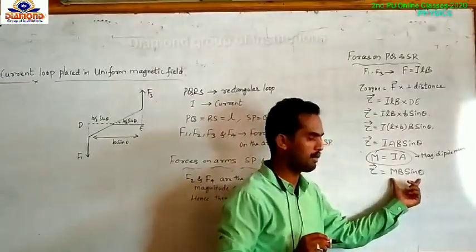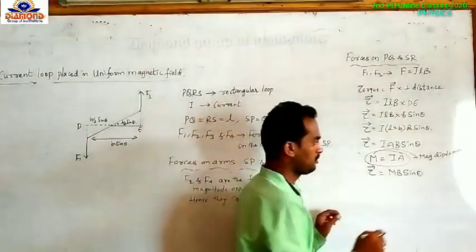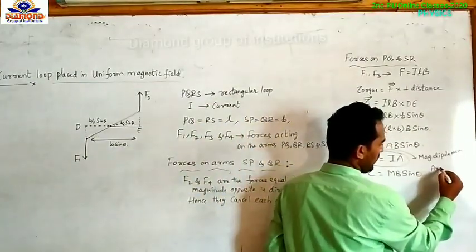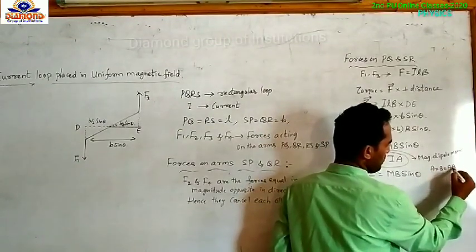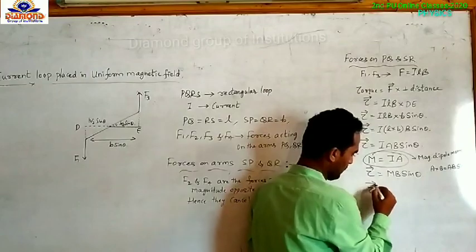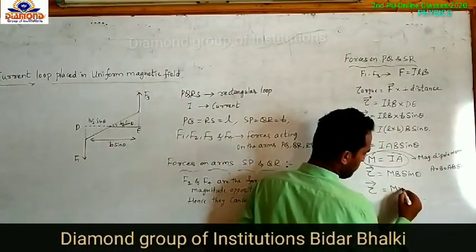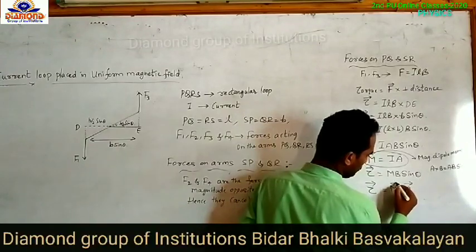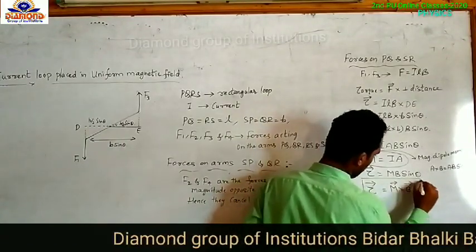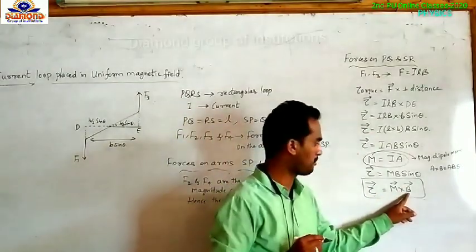So it is in the form of a vector product or cross product, that is A cross B equal to AB sin theta. So we can write this in the vector form as tau, torque, equal to M cross B. So M, magnetic dipole moment, into magnetic field.